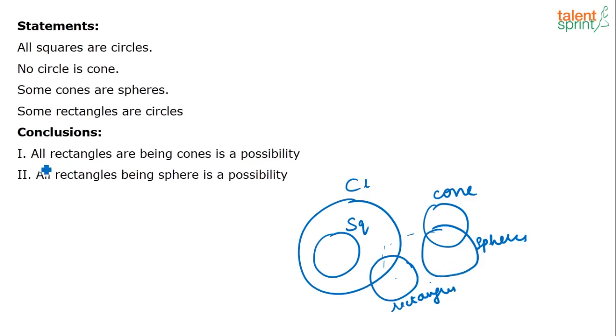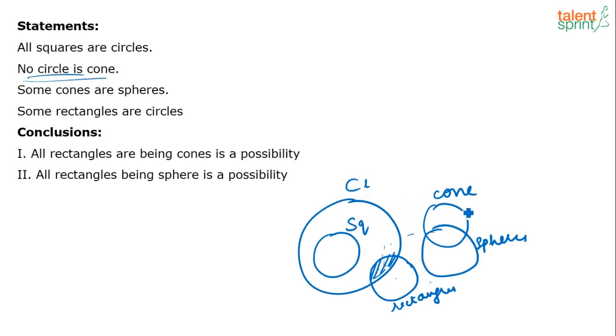Now the first conclusion is, all rectangles being cone is a possibility. Is that possible? Can I draw this rectangle set inside the cone? No, I cannot, because this area of rectangles are circles, and in this region these rectangles are also circles. Whichever rectangles are circles will definitely not be cones, because no circle is a cone.